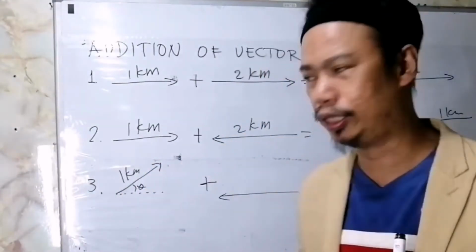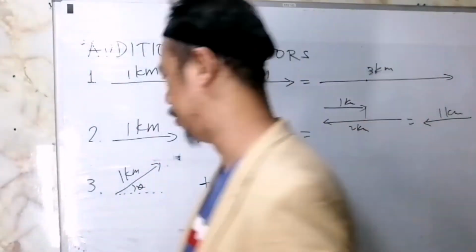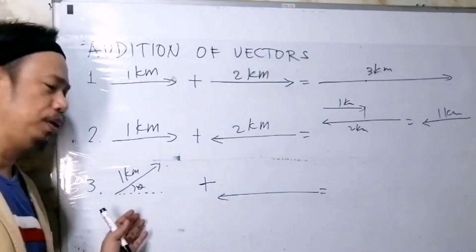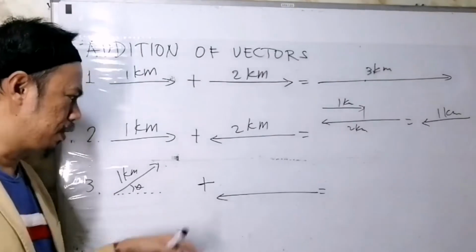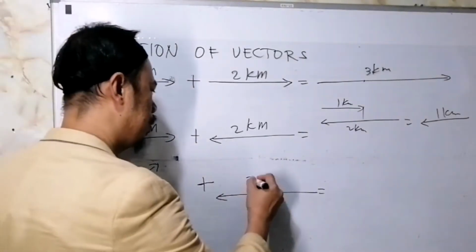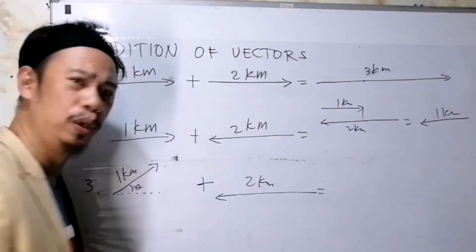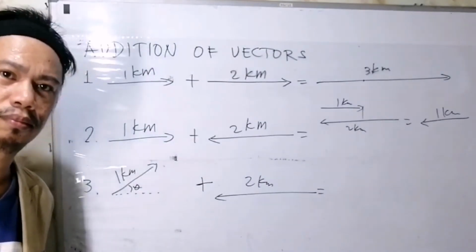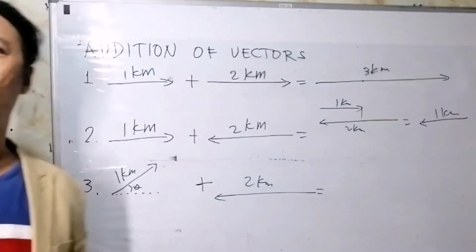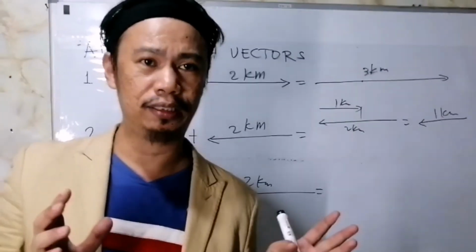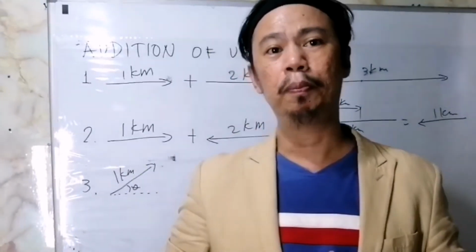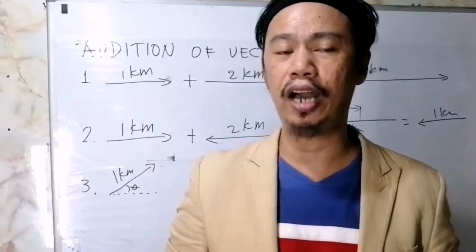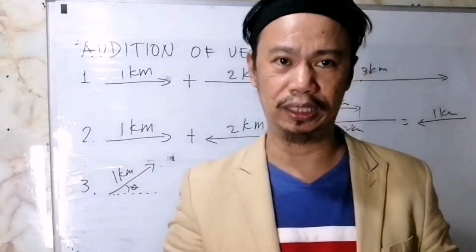But in situation number 3, what happened? We have 1 kilometer at a certain direction or angle, while here, we have 2 kilometer west. Can we simply add it? Of course, we cannot add it because they are not on the same plane or the same axis.